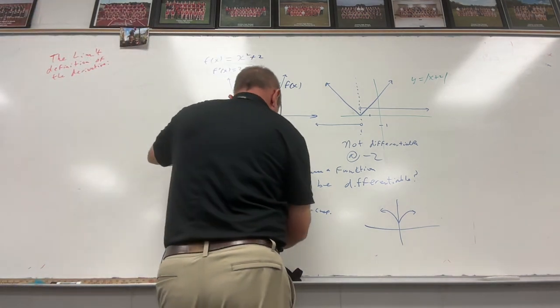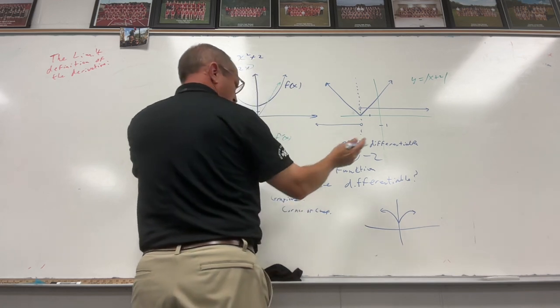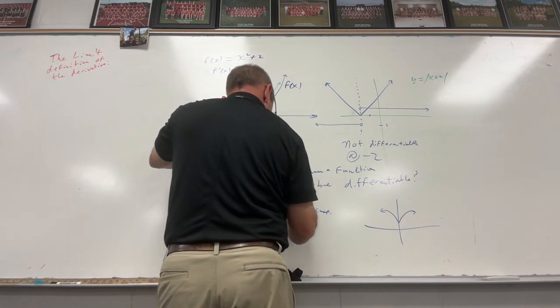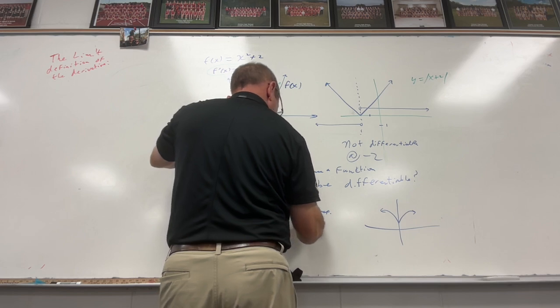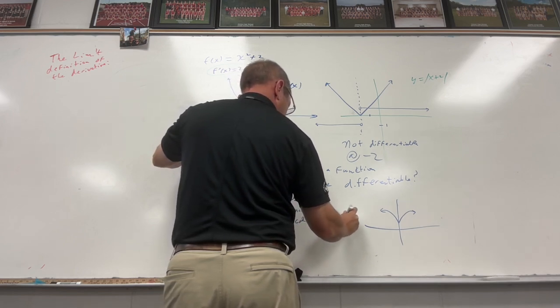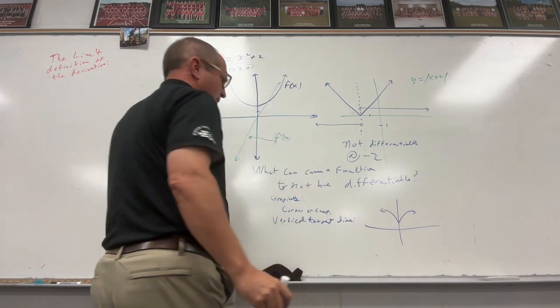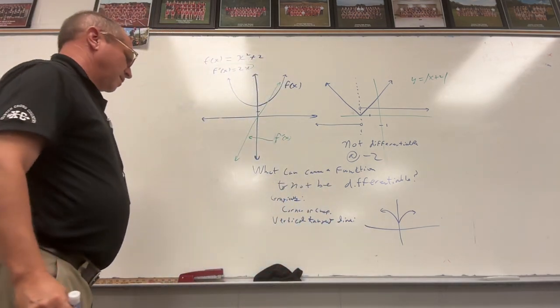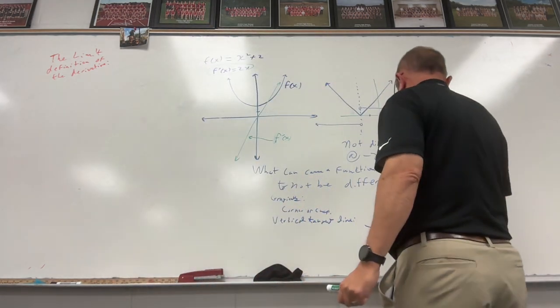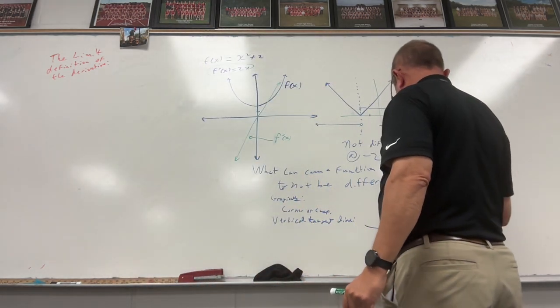A second place that we could be not differentiable is if we had a vertical tangent line. A good example of that is f of x equals the cube root of x.